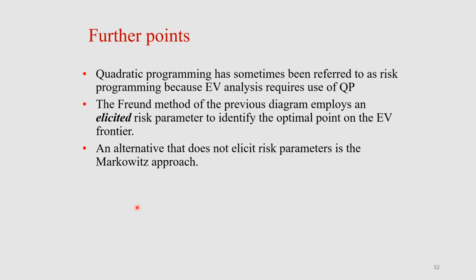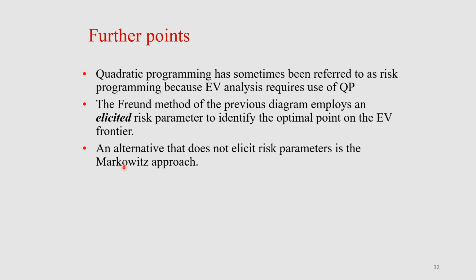Quadratic programming has sometimes been referred to as risk programming because mean variance analysis requires use of quadratic programming. The Freund method of the previous diagram employs an elicited risk parameter to identify the optimal point on the mean variance frontier. So what you do is you ask decision makers about their risk, and from that you're able to get a risk parameter.